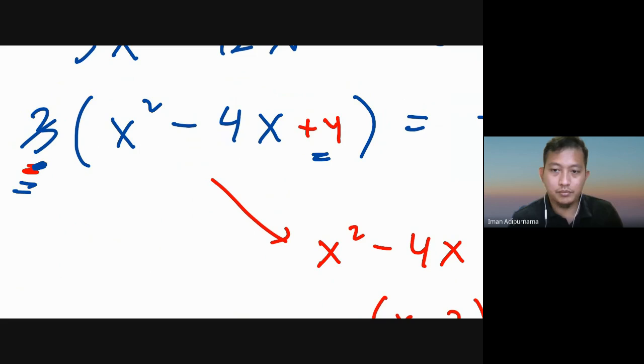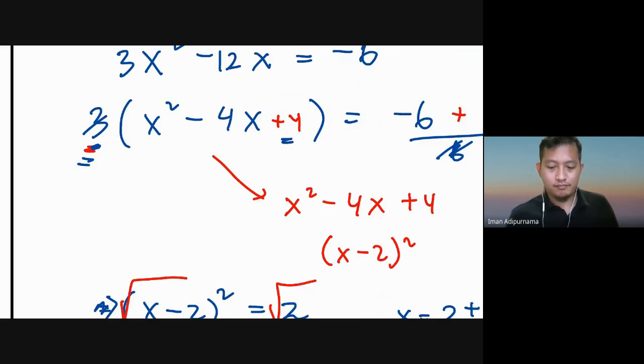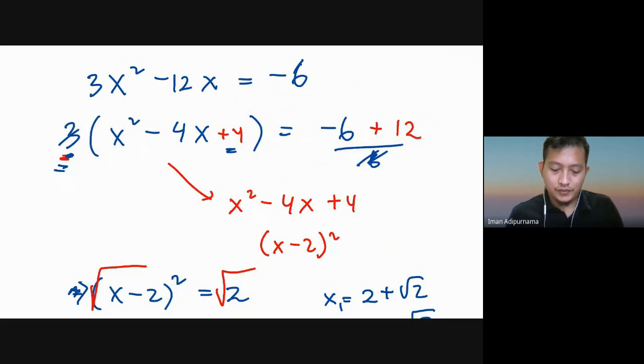So I need to add 12. Okay. If you divide by 3 at the beginning, yeah, you can still get the answers.